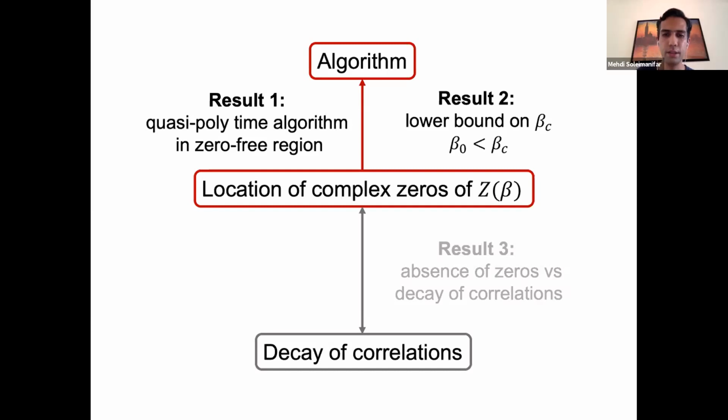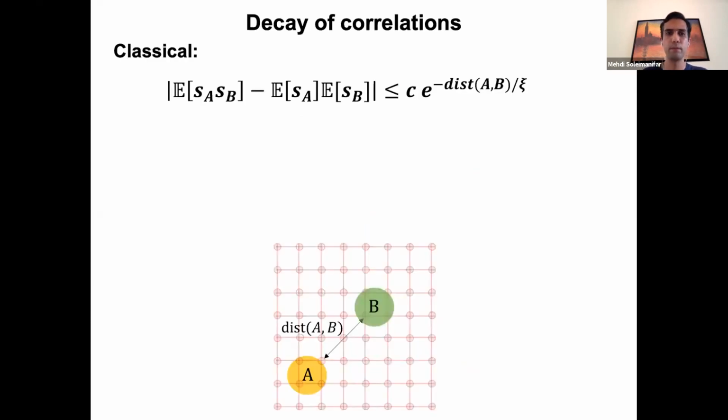All right, so let me move on. Now I'm going to talk about the connection between the zeros and correlation decay. So again, the picture here is not as complete as what we have classically. For classical spin systems, one way to characterize the decay of correlation is to look at the covariance between the spins.